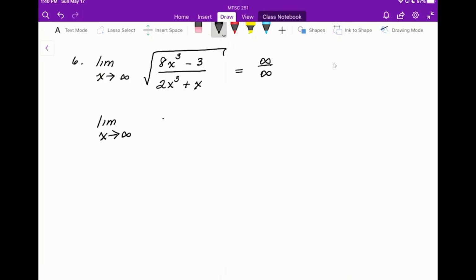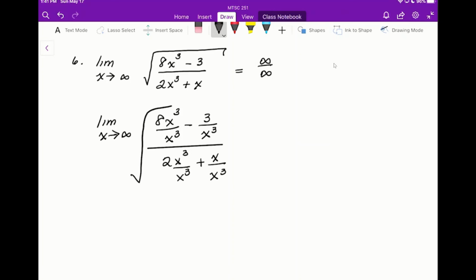Now we're going to get 8x cubed divided by x cubed minus 3 divided by x cubed, over 2x cubed divided by x cubed plus x divided by x cubed. And that entire quantity is inside the square root.